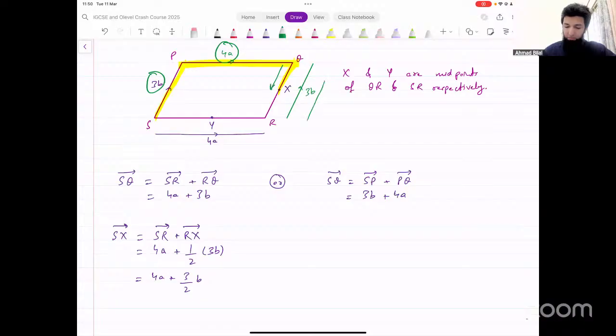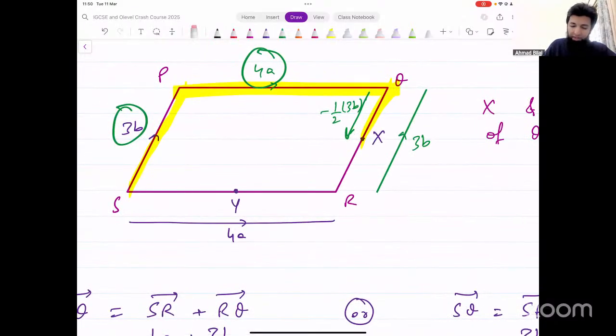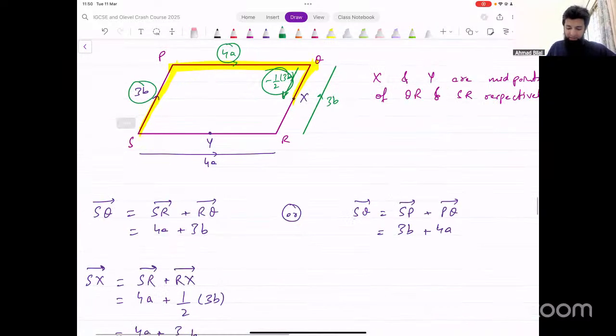It's opposite to RQ. So it's going to be negative, and then half of 3B. QX vector would be minus half of 3B, negative 3 over 2 times B. That's what QX would be. If you add these three, 3B plus 4A minus 3 over 2 B, you would get the same result.